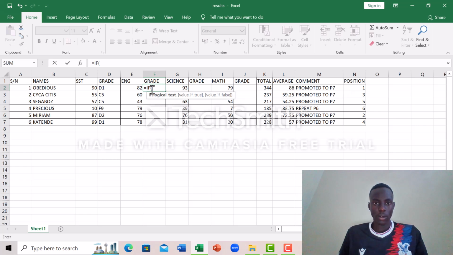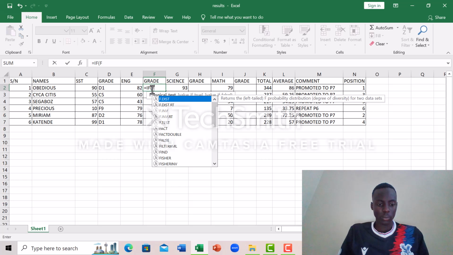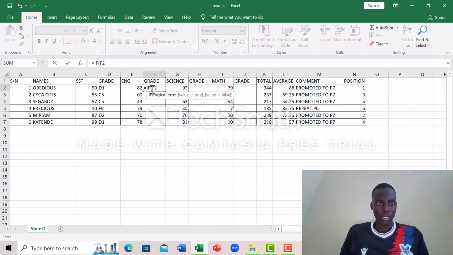If we shall use this F2, if F2 is greater than or equal to 90, comma, don't forget a comma, quotation marks, then it's automatically a D1.